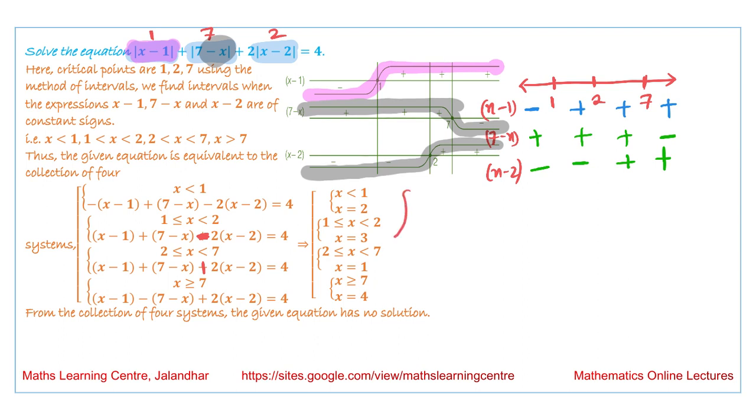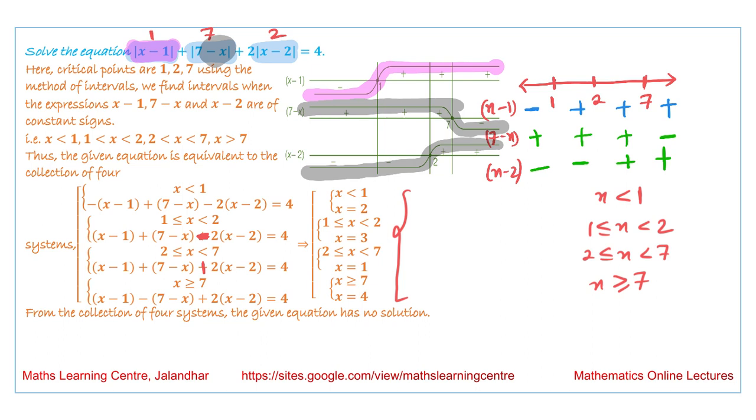So corresponding to these values we are going to write the function in this form. The first case is when x is less than 1. The second case is when 1 is less than or equal to x is less than 2. The third interval is 2 is less than or equal to x is less than 7. And the last is when x is greater than or equal to 7.